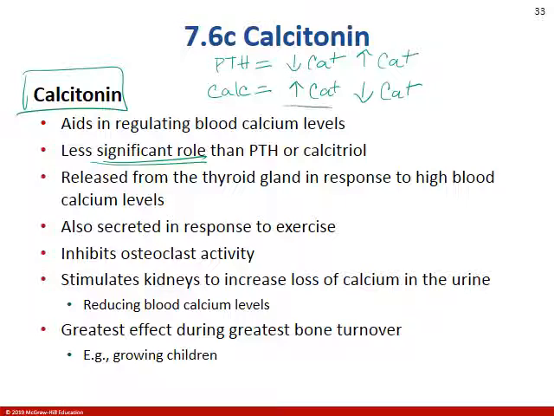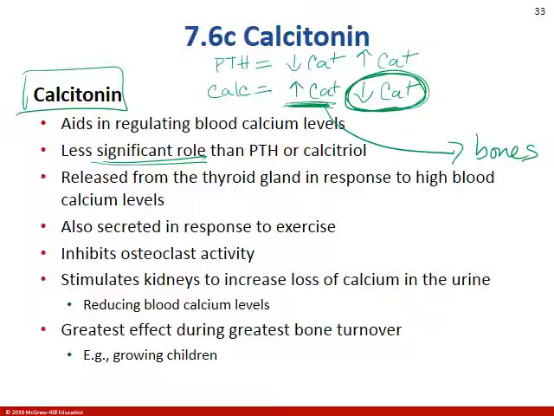So if calcitonin tones down your calcium, if your calcium is too high, if you have too much calcium in your bloodstream, where can I store it? I can take this high calcium and I can store it in my bones. And what's going to happen to my calcium level if I pull out calcium from my blood and I store it in my bones? Well, my blood calcium level is going to go down.